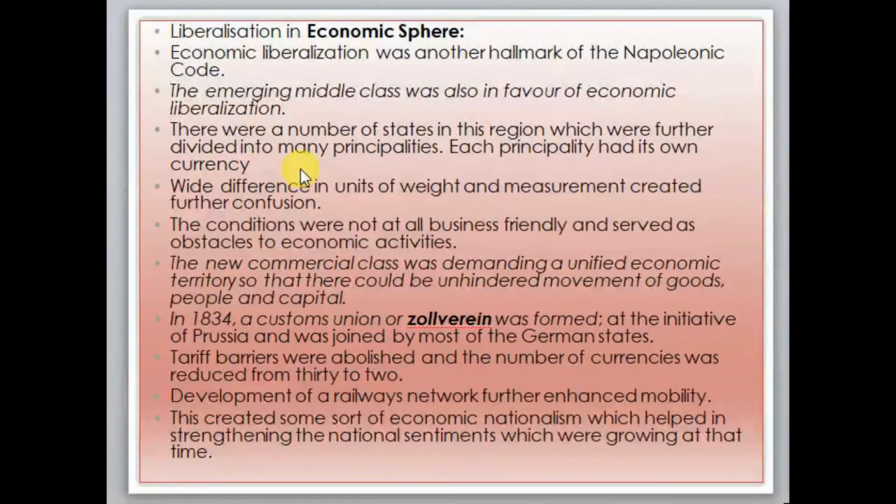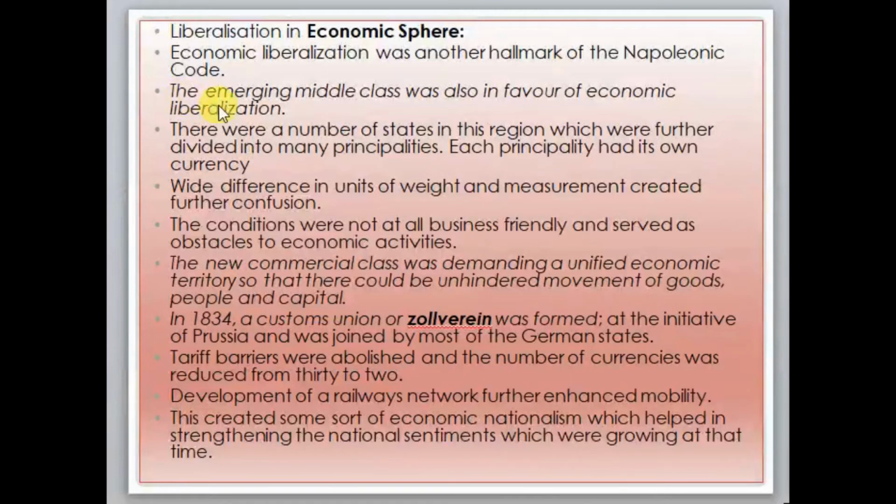So that was the political sphere of liberalism. Now, liberalization in the economic sphere. In the economic sphere, liberalism stood for the freedom of markets and the abolition of state imposed restrictions on the movement of goods and capital.